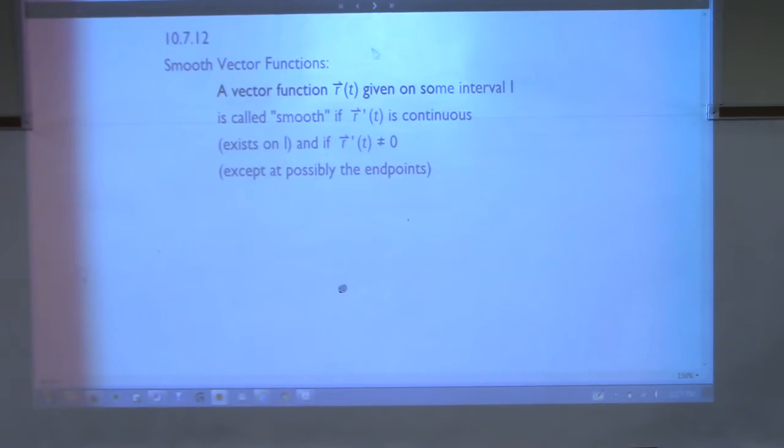By the way, back here, this should be a vector. I'll change it later. But it's a derivative, right? The derivative of a vector function is a vector function. And so I can't say the number 0. I need to say the vector 0.